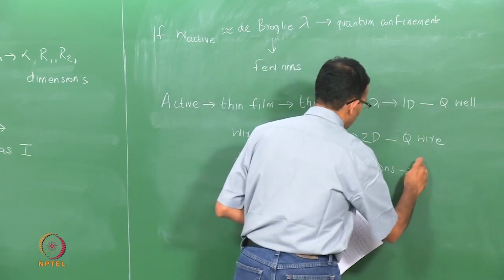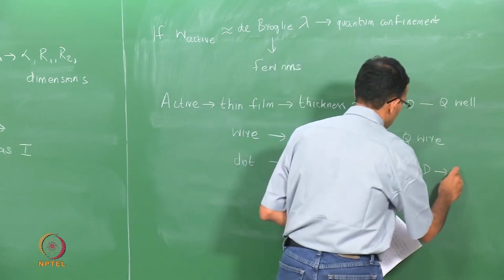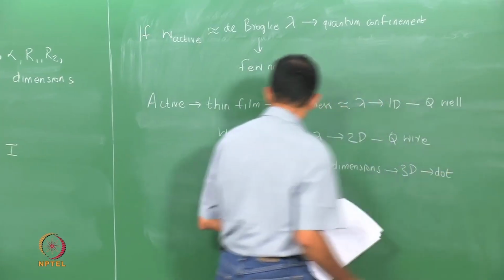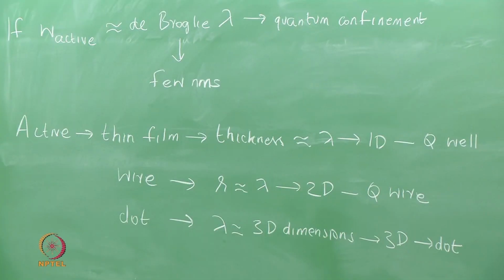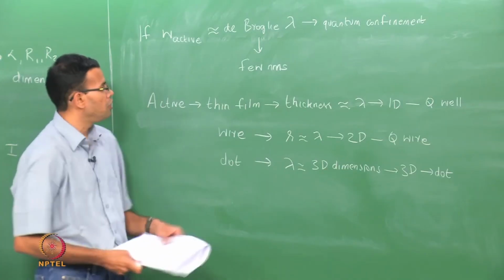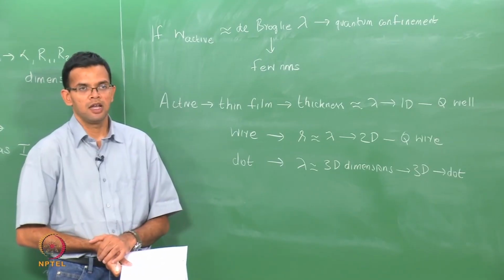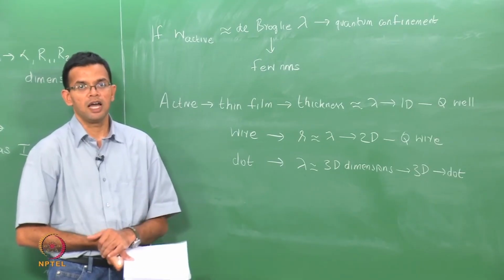Now you have 3D quantum confinement, so you have a quantum dot. Whenever you have quantum confinement, you have discrete energy levels, so when you make quantum lasers, because you have discrete energy levels, it also leads to a much narrower line width.